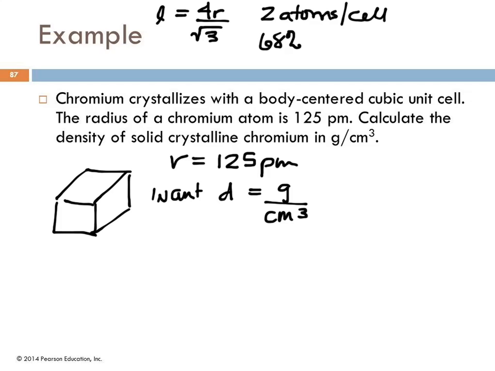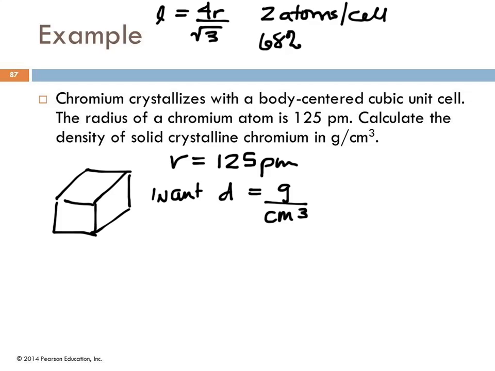We want the density of the chromium metal, not of a chromium atom, because the atoms are going to pack together and there's going to be some empty space. So we're going to look at the unit cell, and how about if we figure out the volume in cubic centimeters of the unit cell and the mass of the unit cell?